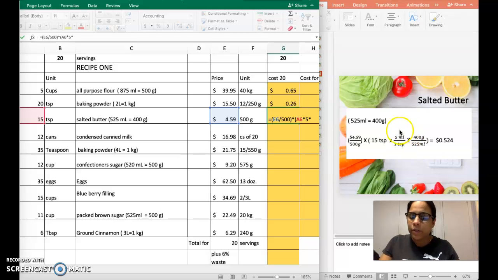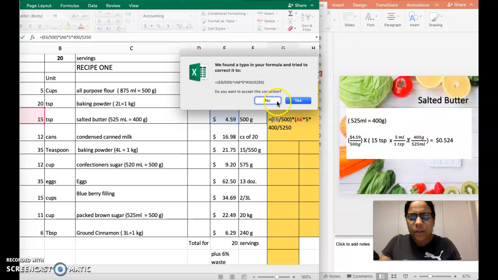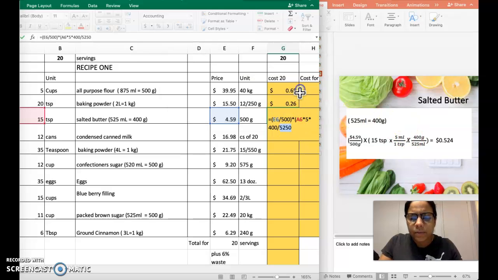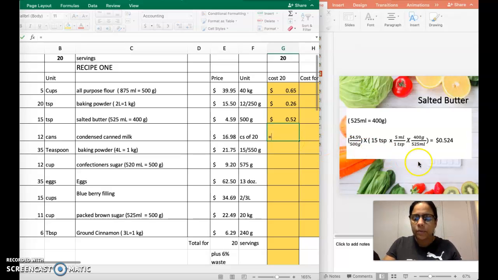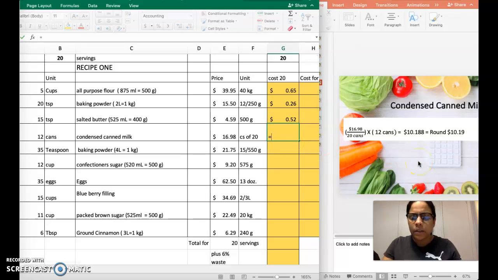So we're going to times 400 divided by 525, close bracket. Sorry, 525, not 0 here. It's okay. Sorry about that. Equal.